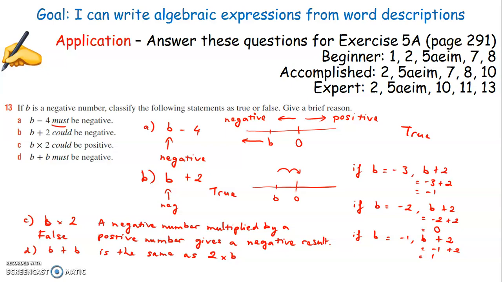And what do we say in C? We've got a positive number multiplied by a negative number. And we said that a positive multiplied by a negative must be a negative result, if B is negative.